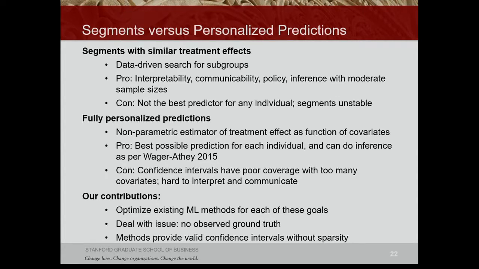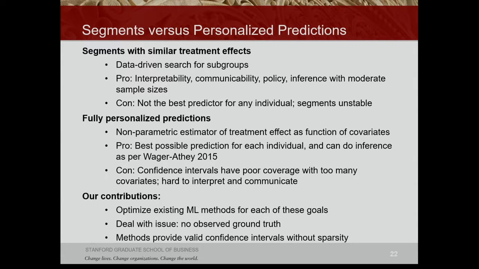If you're trying to be close in 100 dimensions, you're not very close in any. So what we want to do there is bring in random forest, which is essentially an adaptive nearest neighbor algorithm, but we want to develop the asymptotic theory for it. Our contributions are to change the existing machine learning methods of trees and forests to achieve these goals. They don't work unless you change them, and they don't work well unless you change them even more.